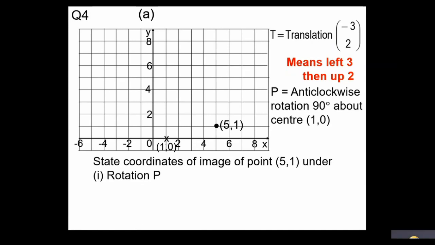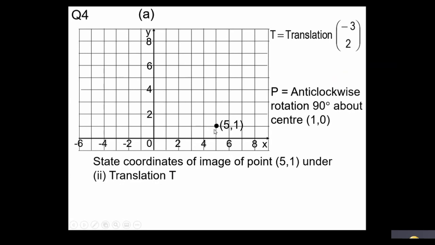Now what do you need to do? Anti-clockwise, so from here to here. Now you count 1, 2, 3, 4, 1. So 1, 2, 3, 4, 1. So what's the point? 0, 4.